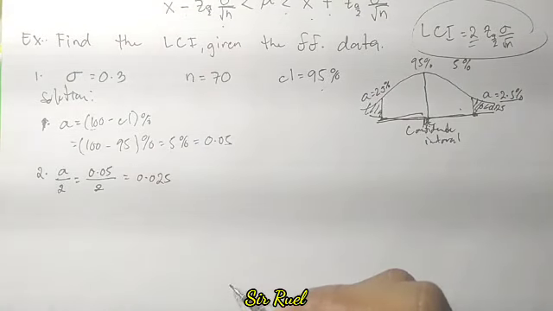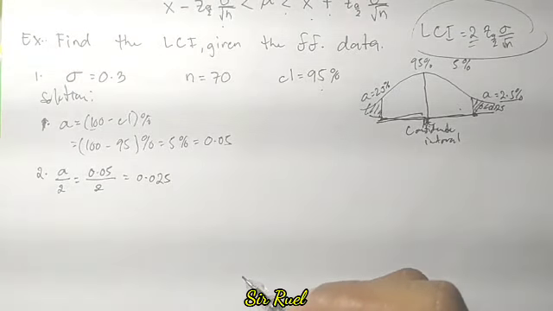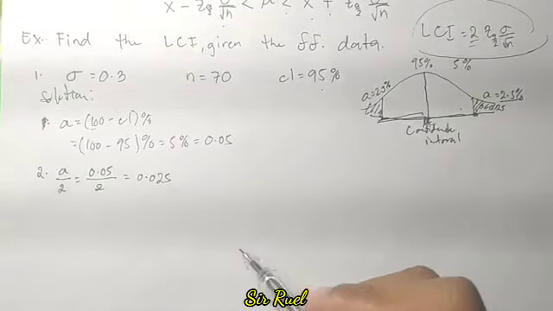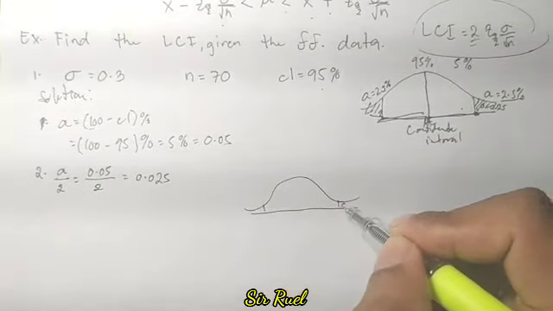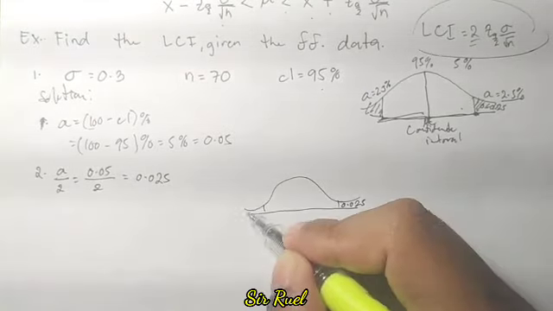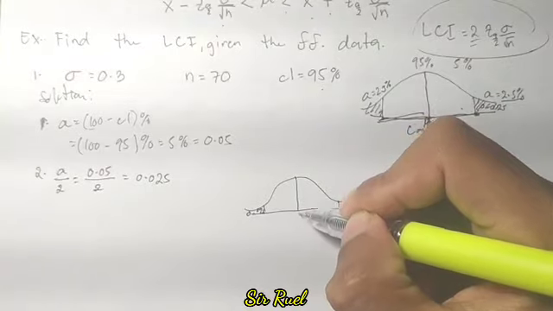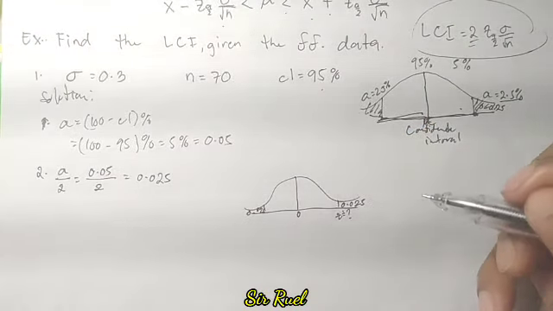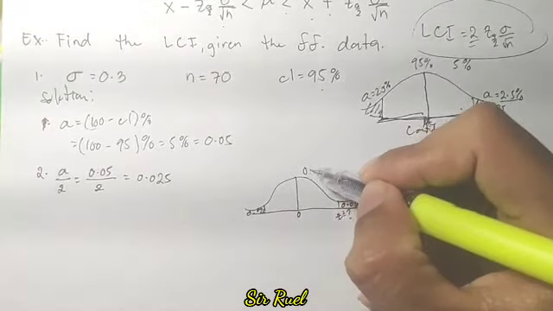Okay, so next, anong sunod? Ang sunod natin gagawin is dahil meron tayong 0.025, yan yung area, no? Katulad kung i-drawing natin, nandito yung 0.025 sa gilid, sa dulo, sa mga tails. Sila yung area. So yung hinahanap natin dito is yung z. Alam natin na mula 0 papunta dito sa right or sa left man yan is 0.5.